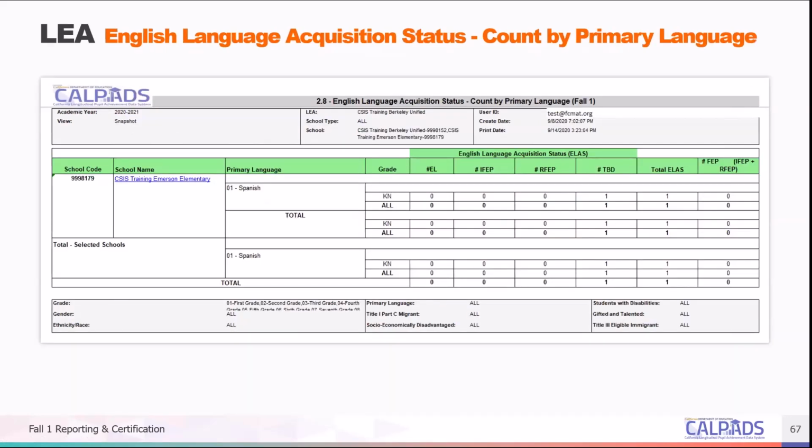Then we have English language acquisition status count by primary language. All the students' primary languages are included. Of course, the number of ELs is significant because they are eligible for LCFF funding, but you also want to be able to identify your English learners as soon as possible so you can provide them the most appropriate services.